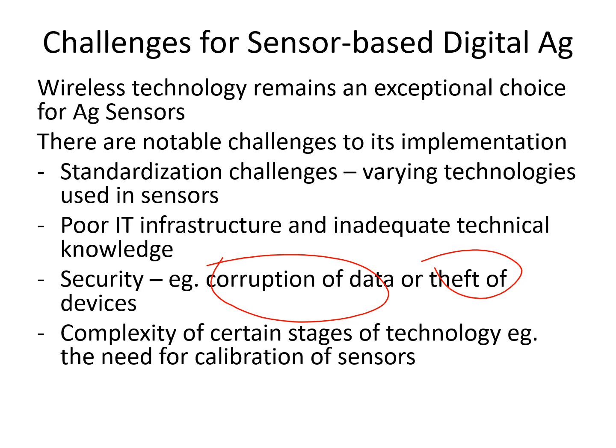These strangers can be tempted to vandalize or steal these sensors. The other challenge is the complexity of certain stages of technology, like the need for calibration of some of the sensors, which I talked about a few moments ago.